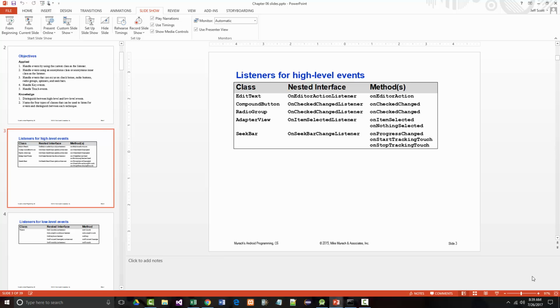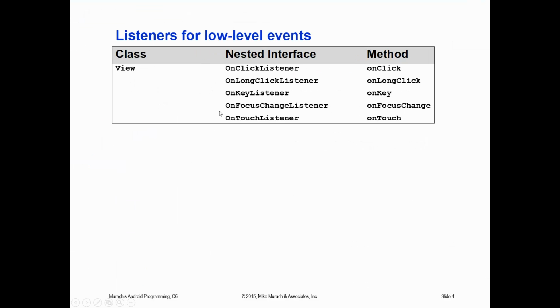All right. Now, the opposite of high-level events are, of course, low-level events. Low-level events occur on any and all types of widgets. These types of listeners are nested within the View class. So these listeners can be wired to virtually any type of widget.